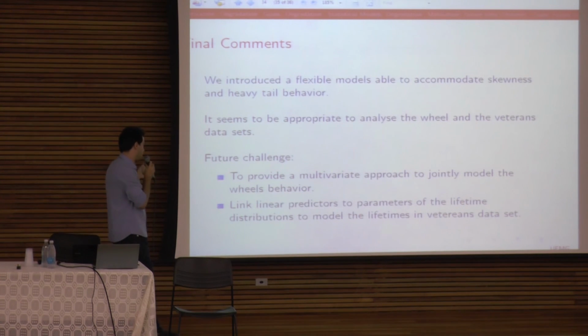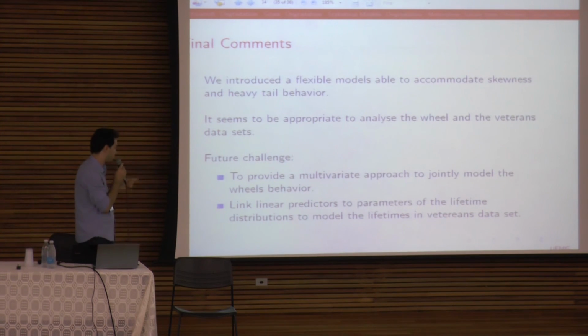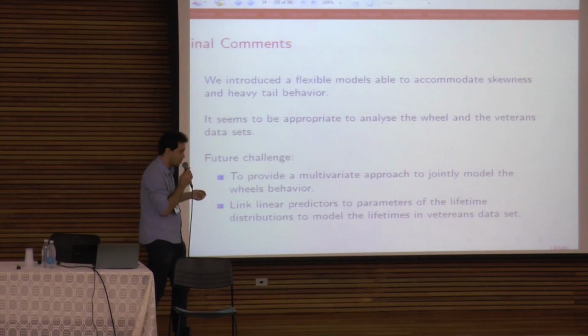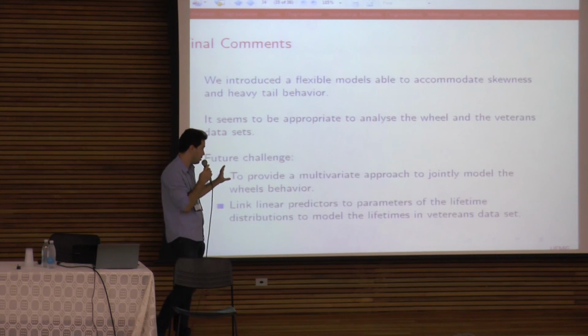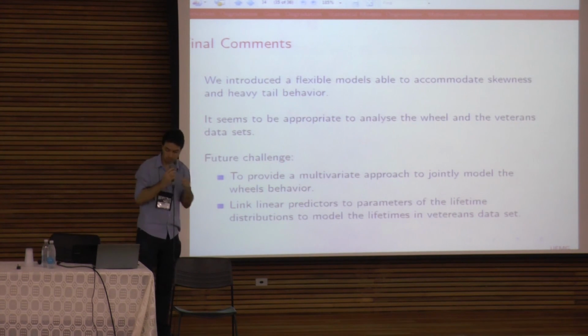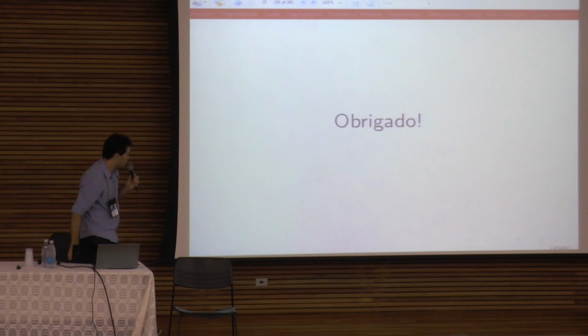Future challenge, we want to provide a multivariate approach to jointly model the wheel's behavior, and we want to link linear predictors to parameters of the lifetime distributions to model the lifetimes in the veterans data set, which was done by Barros, Valejos, and we expect these models will offer better estimates than the others. So, obrigado.